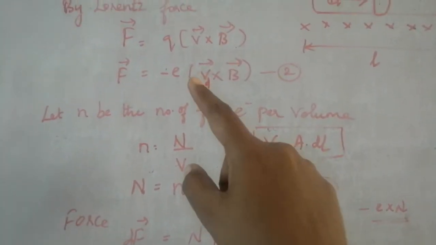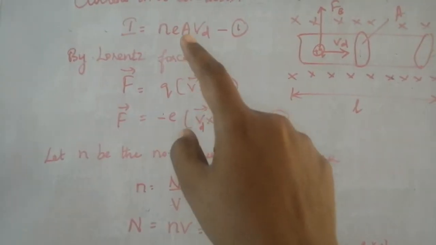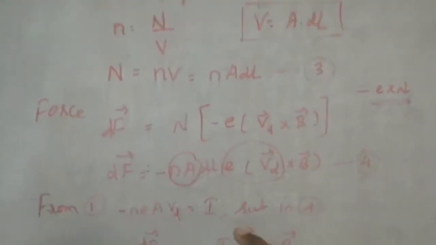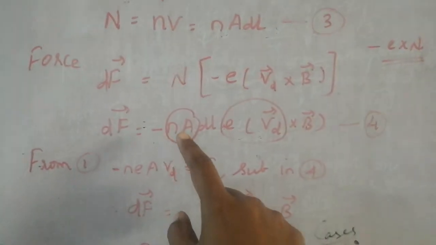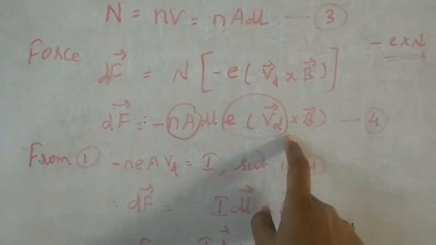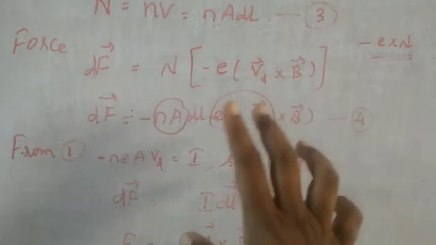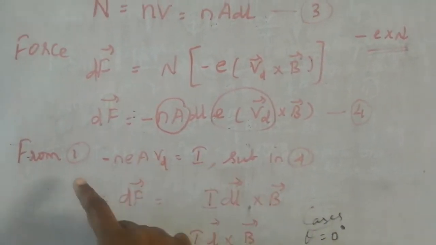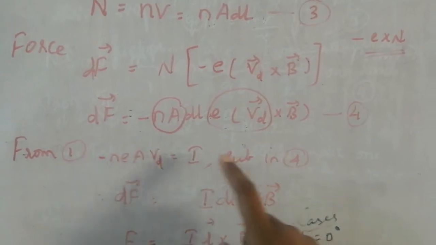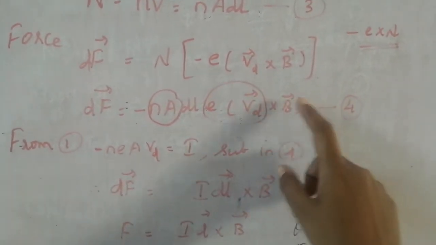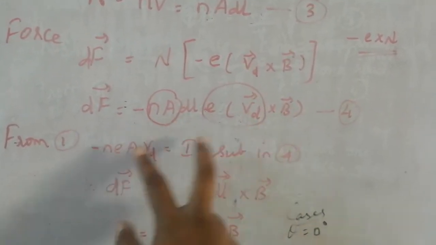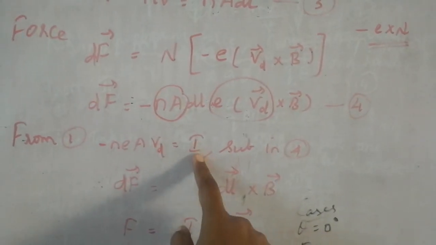And in the first equation we have already seen that n e A Vd equals I. So here you see the similar terms n e A Vd. I am going to remove all these terms and write it as I, because I have got it from equation number 1. I am going to substitute this in equation number 4 and, instead of all these terms, write I here.